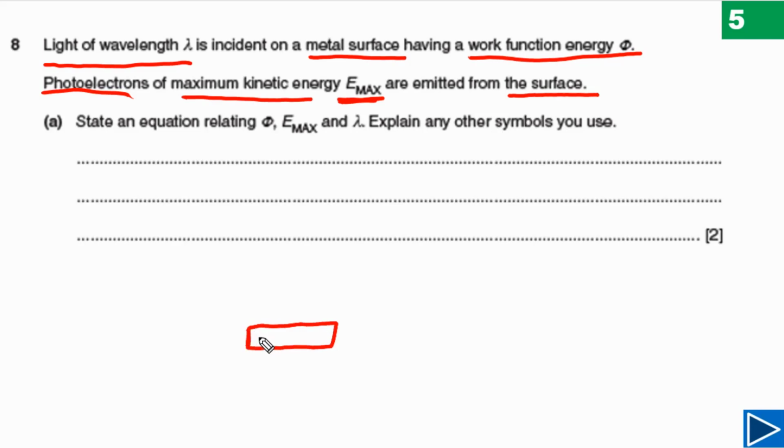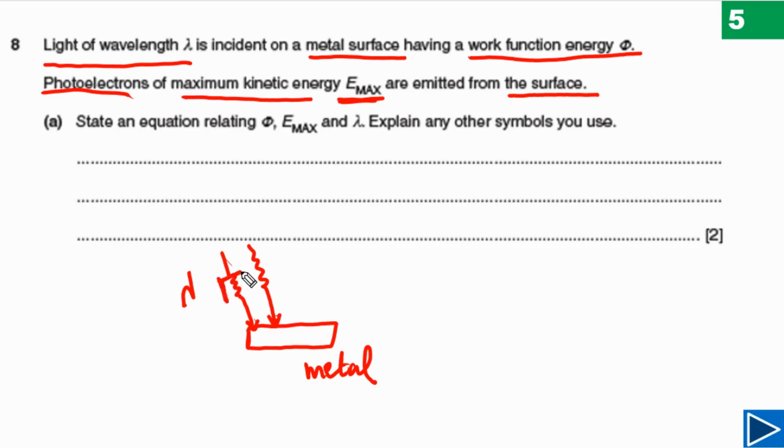So let's try to sketch this one so we can see a clear picture of what is happening. So this is our piece of metal, and light is incident on this piece of metal. As it is given in the question, the wavelength of this light is lambda and light consists of photons.